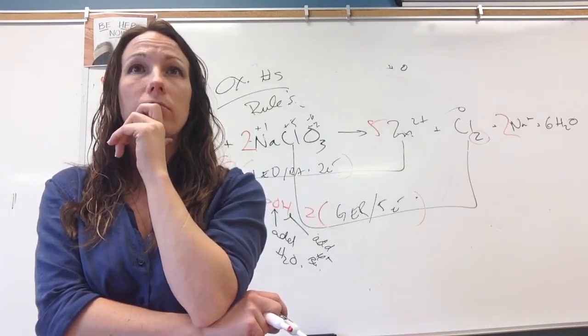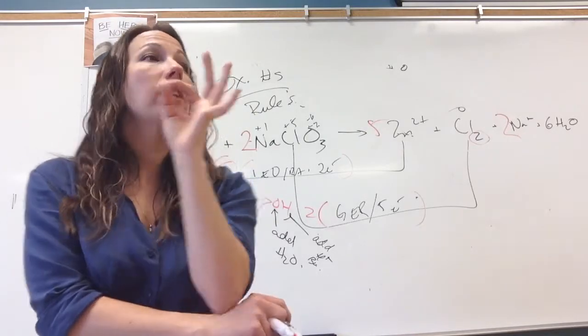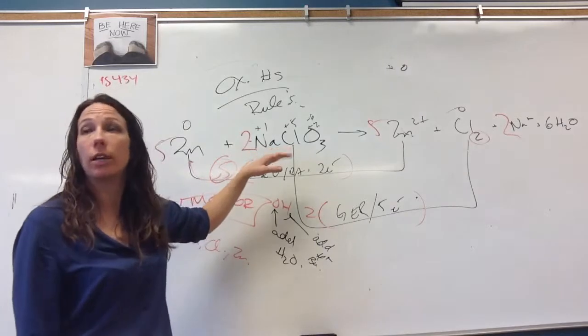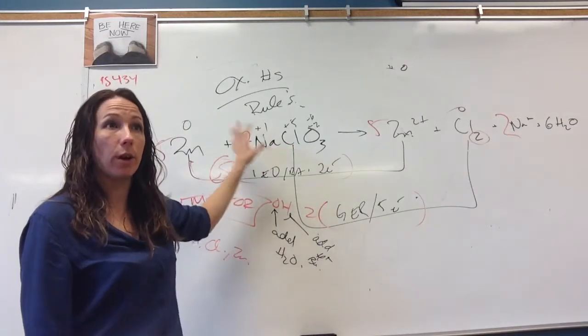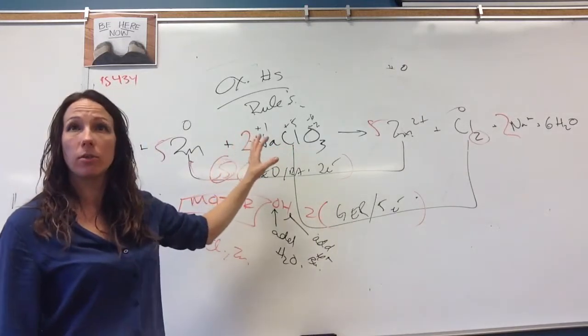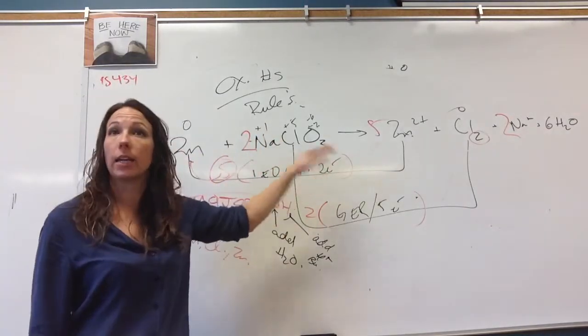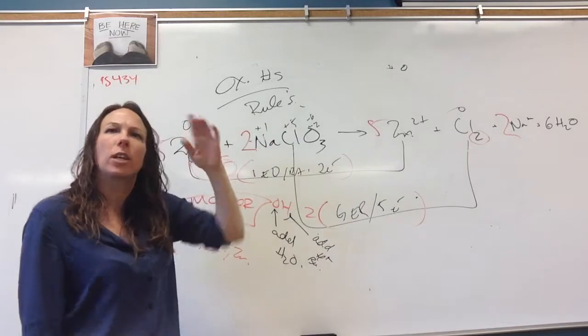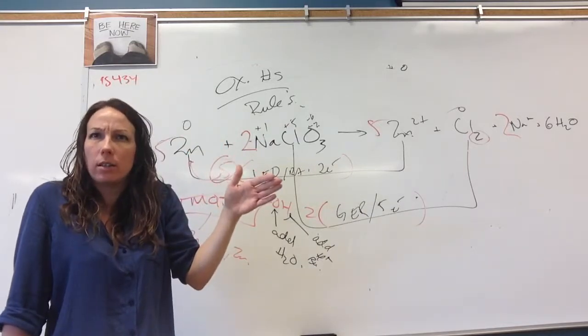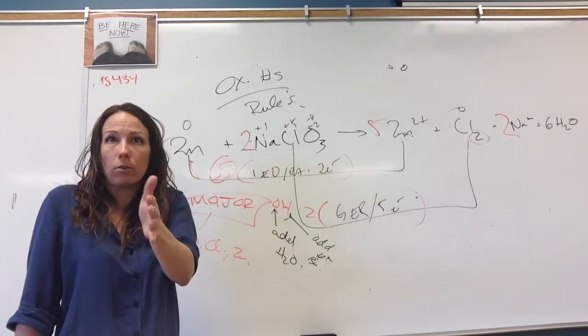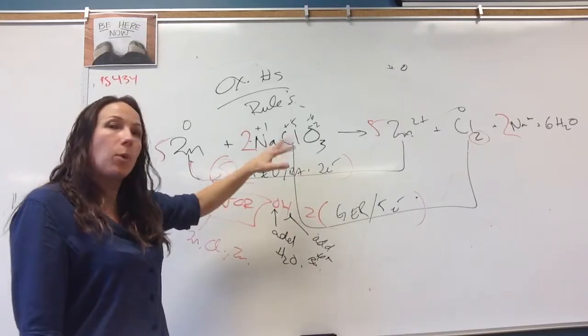Now, if this is a half reaction that you're asked to balance with oxidation numbers, this is a net reaction. I have something losing and something gaining, it's net. If it was a half reaction, I need to have electrons in my half reaction, right? Plus electrons, arrow. So we need to put my electrons somewhere.